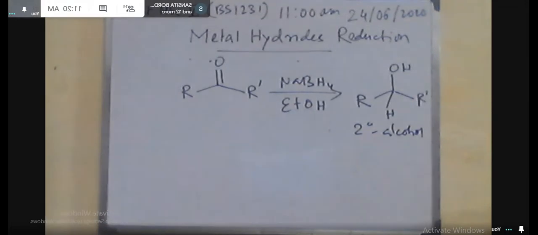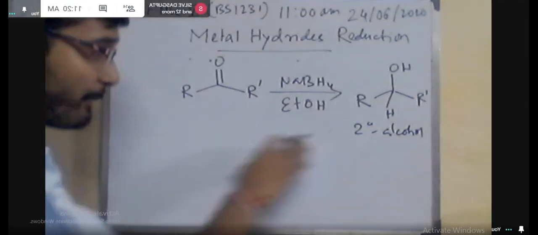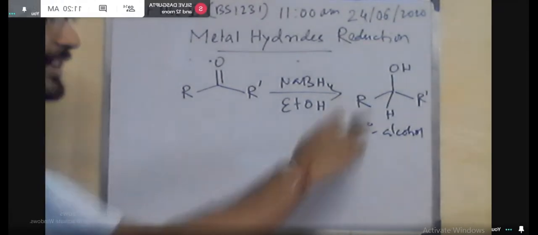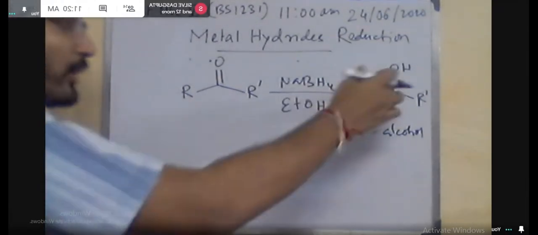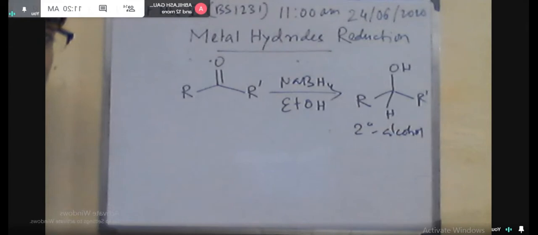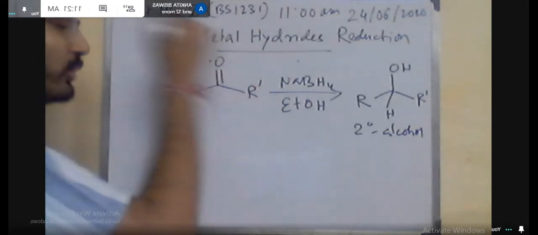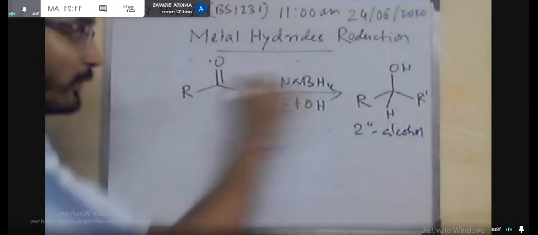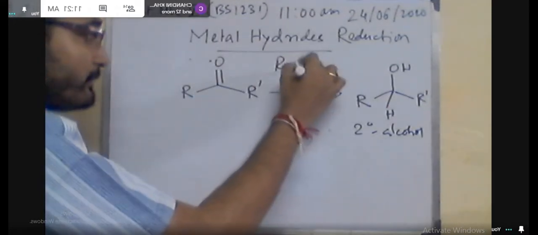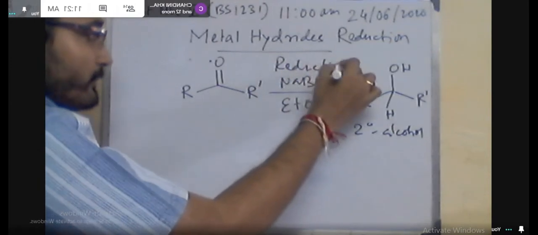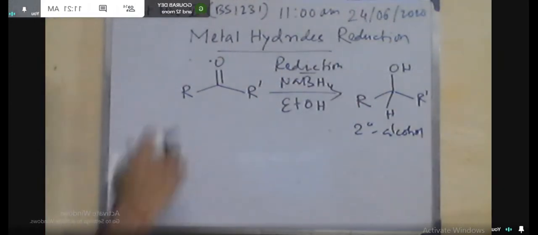And if I show the mechanism, it will be like this. R prime, we know the structure of sodium borohydride, Na plus BH4 minus. Now you know it is the hydride transfer. So this is the hydride bond. It will be transferred here and form the negative charge.